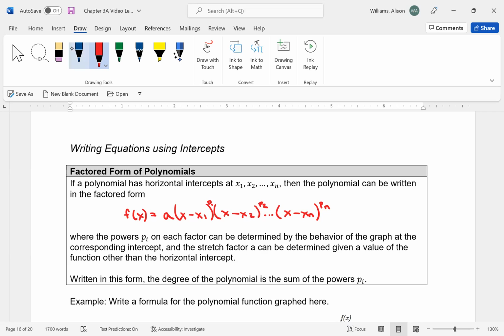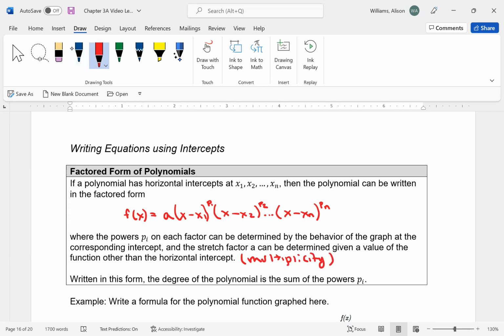Where the powers p sub i depend on the factor that can be determined at the intercept. That's such a weird way of saying it's the multiplicity, and you just write in that word. We've been using the word multiplicity.